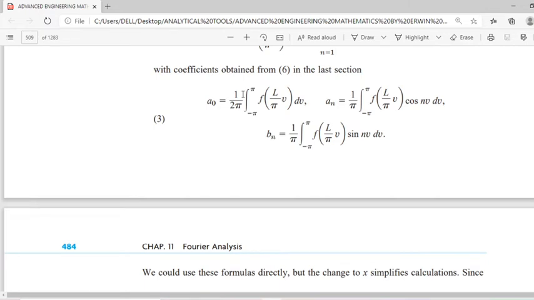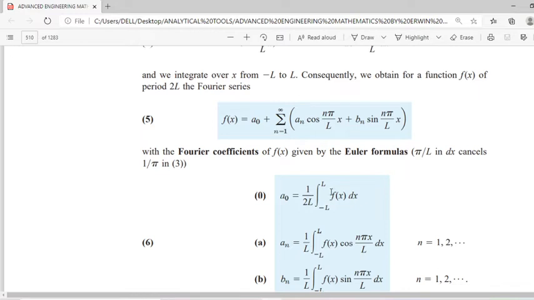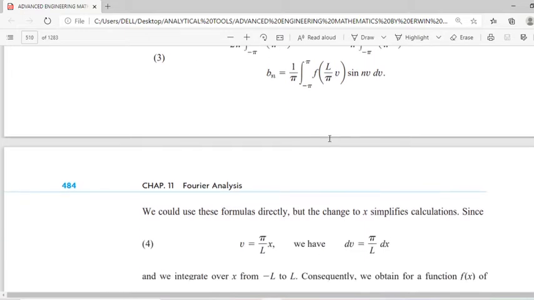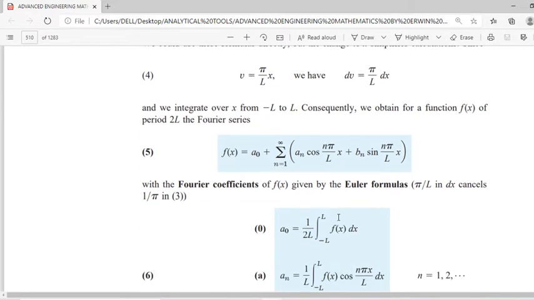From this we can obtain the formula by using the transformation. Instead of v we can substitute pi by l into x. So pi by l into x, that is v. So that is considered here.